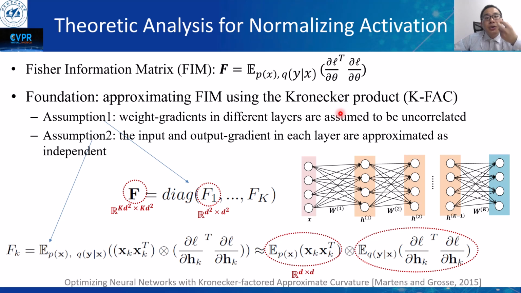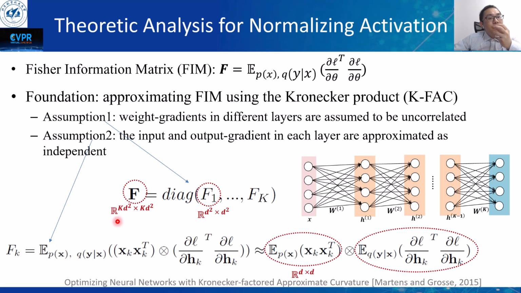In the Kronecker product approximation method, there are two assumptions. First, weight gradients in different layers are assumed to be uncorrelated. Second, the input and output gradient in each layer are approximately independent.